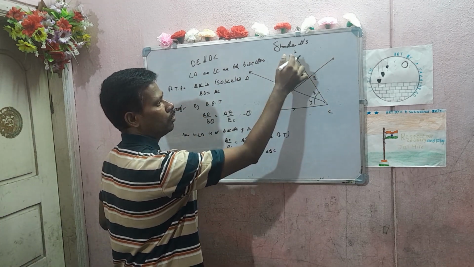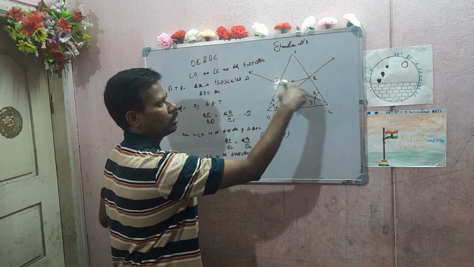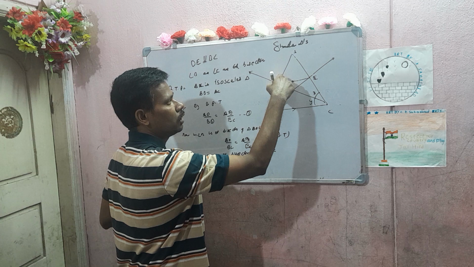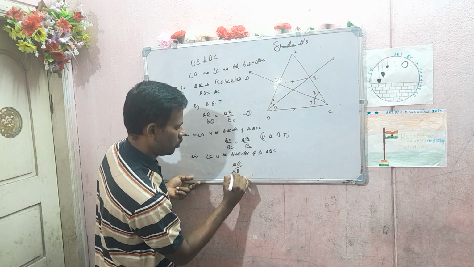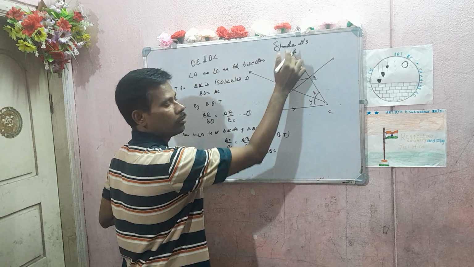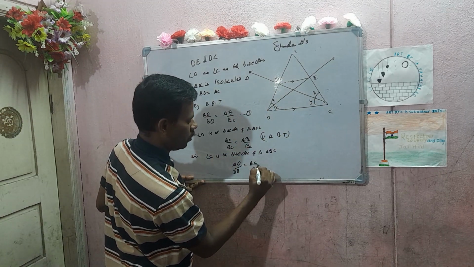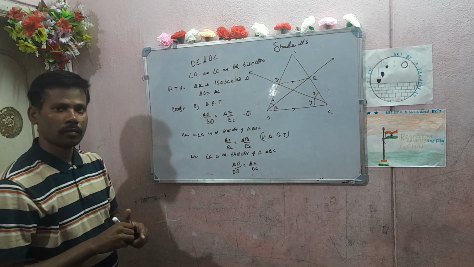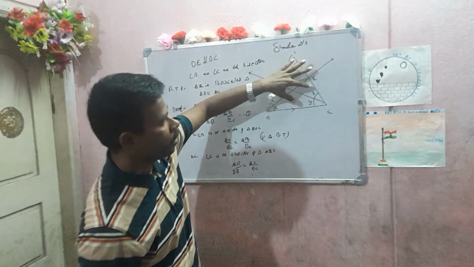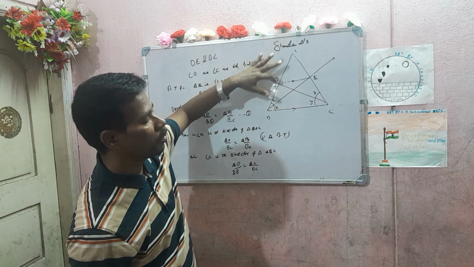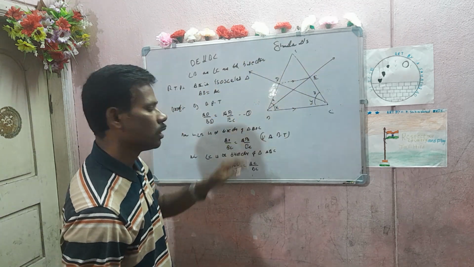This is the triangle in which this is the bisector, so you can write AD by DB is equal to AC by BC. Once again, the bisector of the vertical angle divides the base in the ratio of the other two sides. AD by DB is equal to AC by BC.